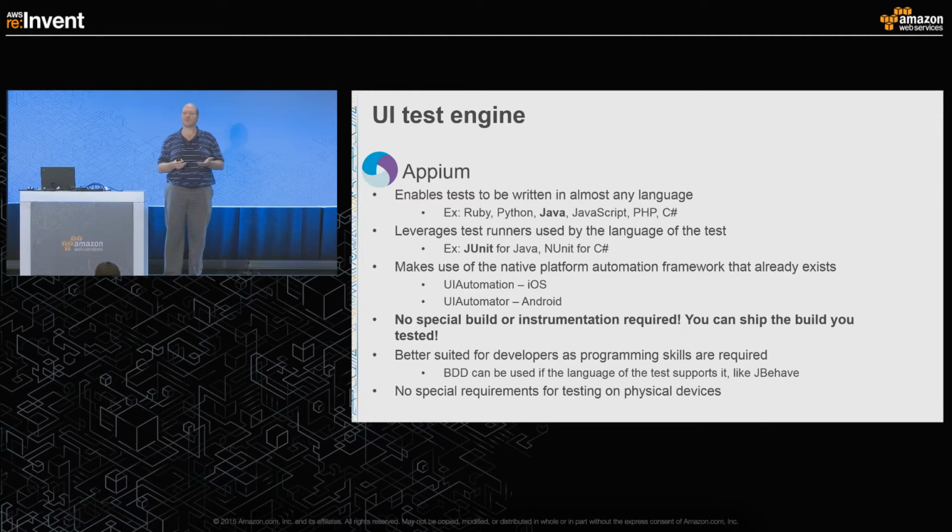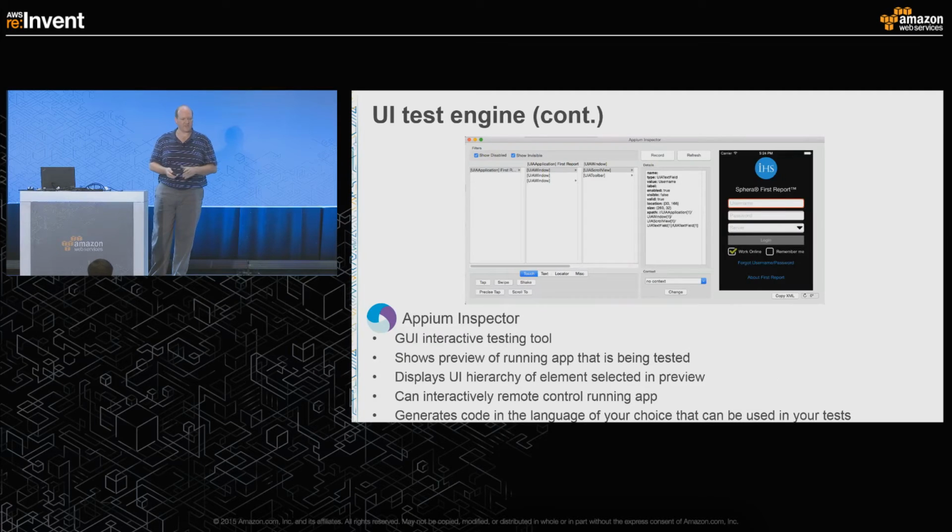So Java, for example, has something called JBehave. And behavior-driven development, I just think of as a way to code in plain English. So that would allow a QA person that doesn't have a development background to write their test in plain English using JBehave, for example, which then is really just Java, which then is just using Appium, which is really a REST web service, which is talking to the app.